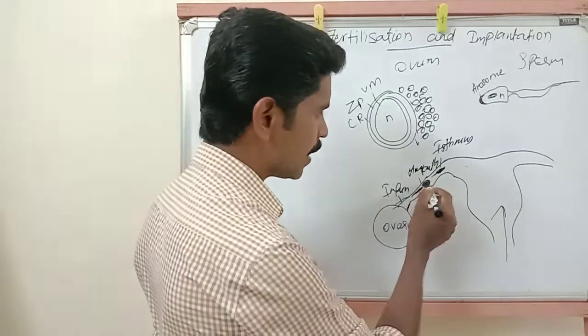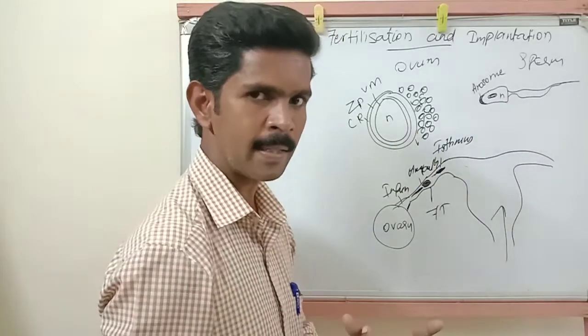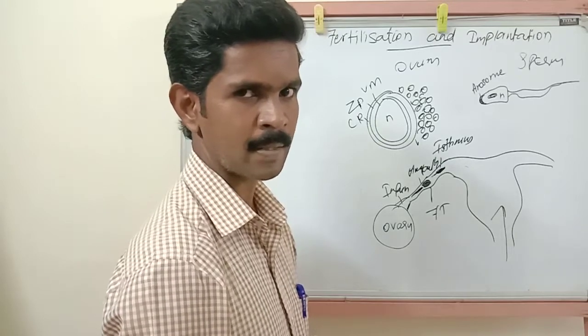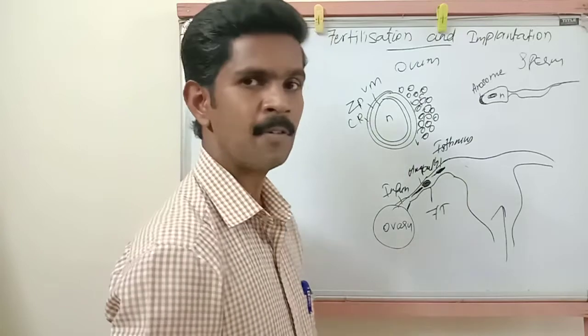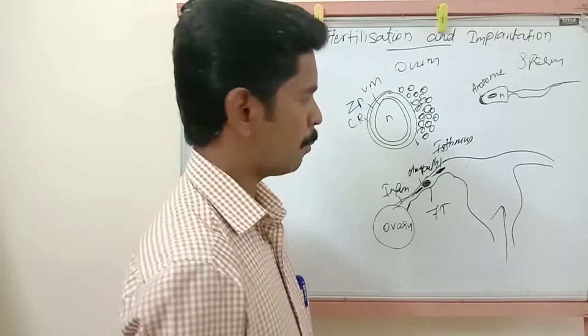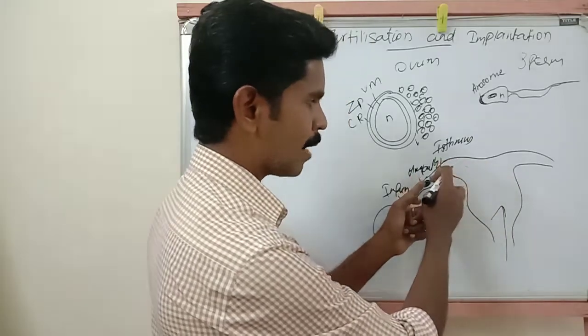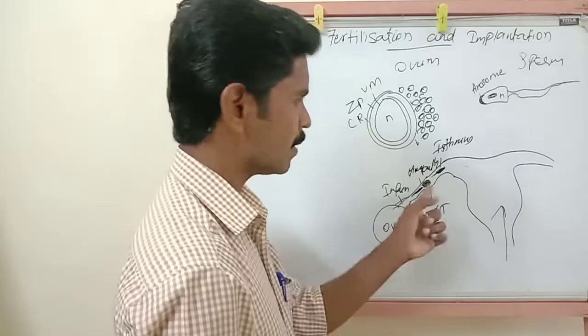At this junction the egg cell and the sperm cell join and the fertilization process takes place. One important condition for successful fertilization is that both the egg cell and the sperm cell should reach this region simultaneously.